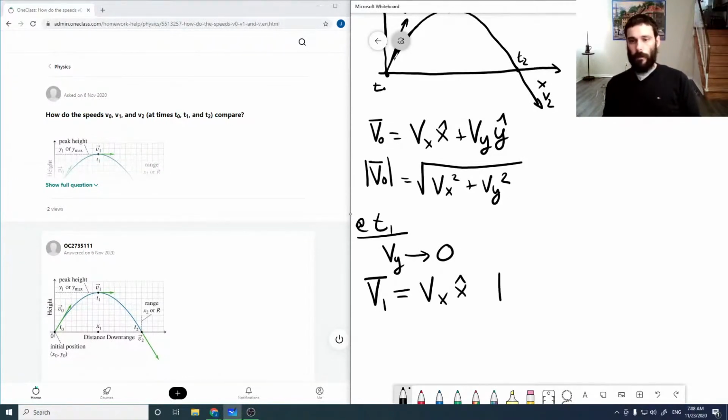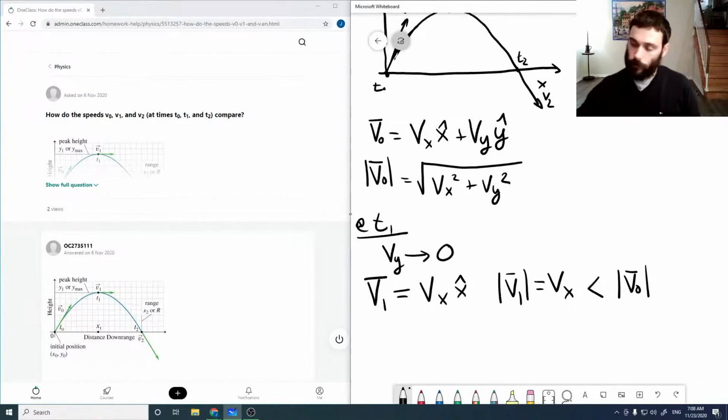So our speed is then just Vx. So it's completely just the x part, and obviously as this is x plus y and this is just x, this is going to be less than our speed at 0. So at 1, the speed is less than our speed at 0 and is, without wind resistance, exactly equal to the x component velocity that we started with.